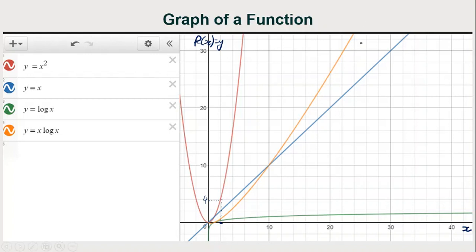What I mean by outperforming, and what did I mean before when I said that we are looking at the behavior of functions, is that once we have the graphs, we can study what happens if x becomes very, very large.